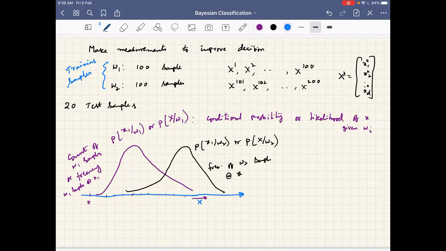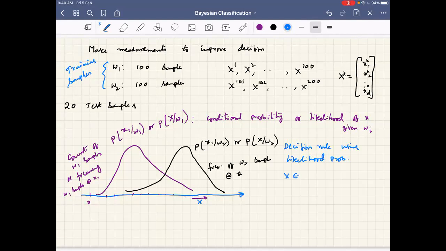How should my decision rule be using likelihood probability? Likelihood itself is a probability. What decision rule do you suggest?